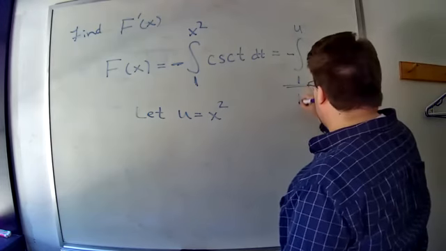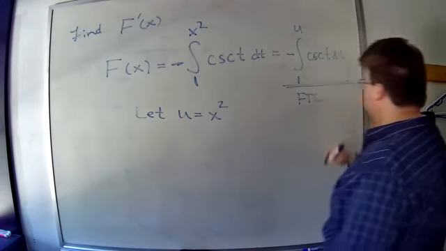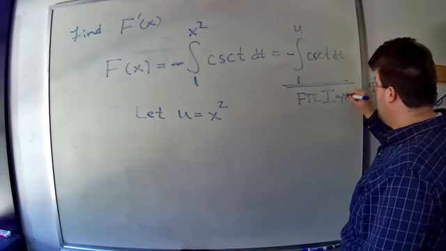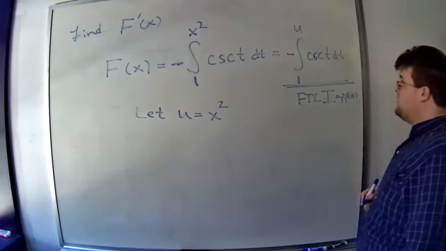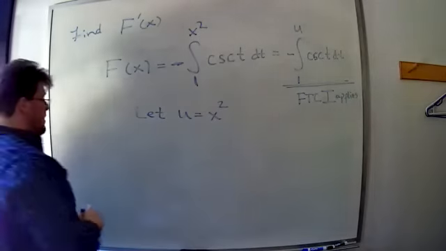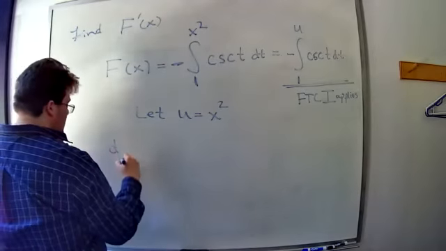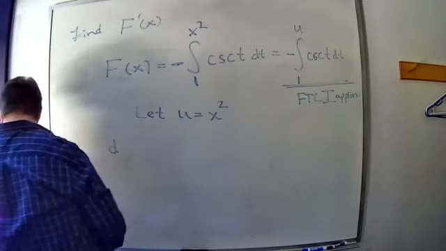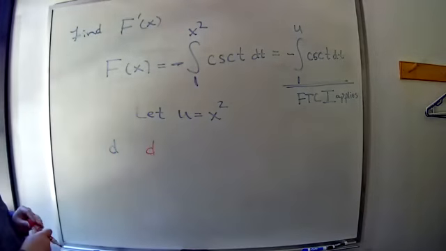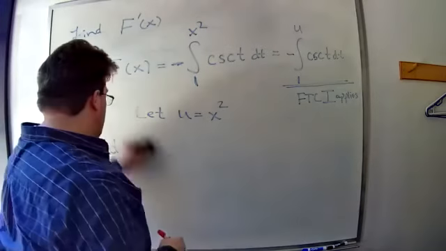So I'm going to write here FTC part 1 applies to that. Now, how does it apply to that? Well, the derivative, this marker's really running out. Does this red one show? Yeah, I guess that actually shows.